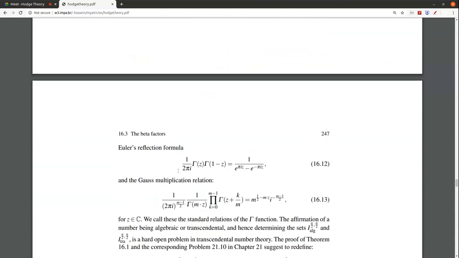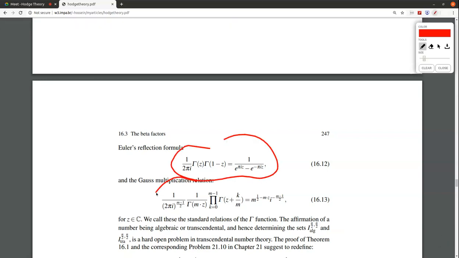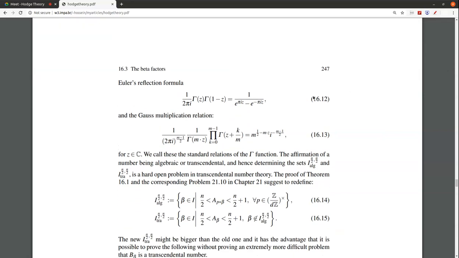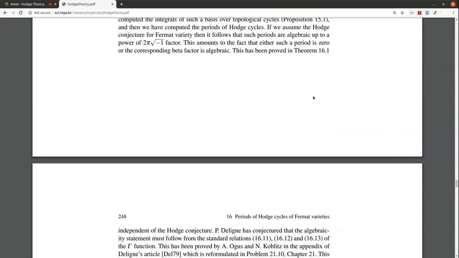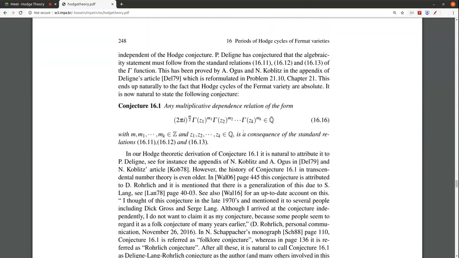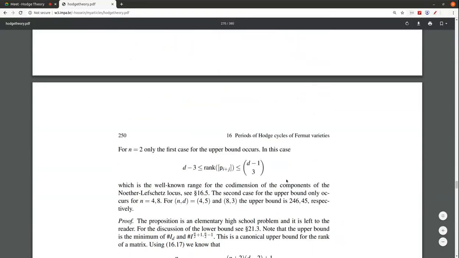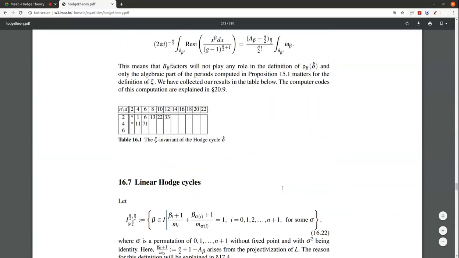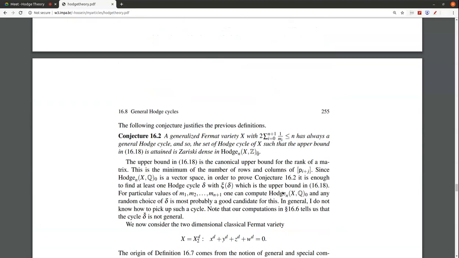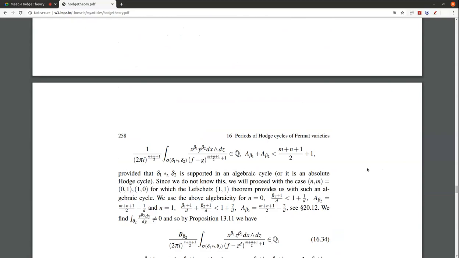These are the formulas that we need to finish the proof of Lang's theorem. Let me go to the last example at least.